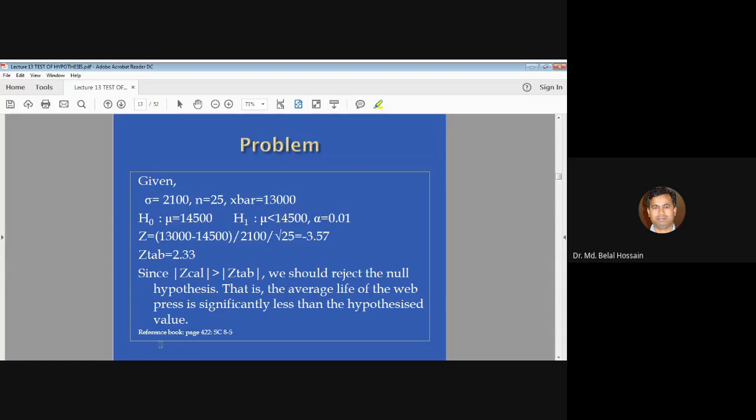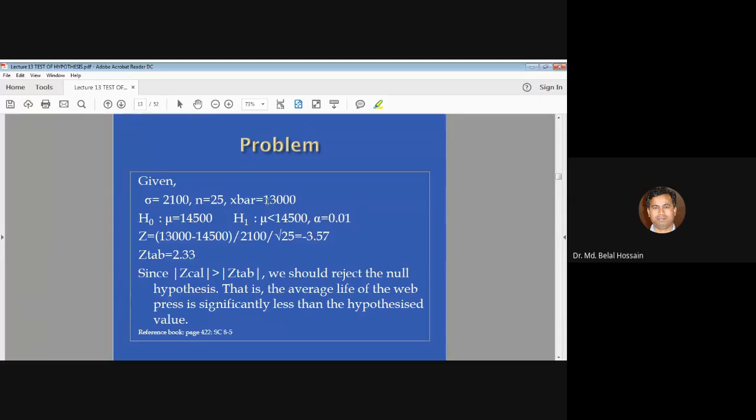This is from your reference book, page 422, section 8.5. The alternative is whether that mean value is less than 14,500 or not. In the problem, alpha value was also given, that it is 0.01.